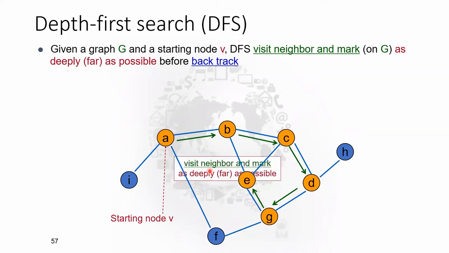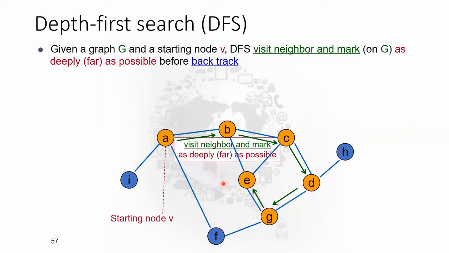So it will backtrack. But before that, you can see the pattern: go as deep as possible, traveling until it cannot move further. So A, B, C, D, G, and E. Then it's going to backtrack.